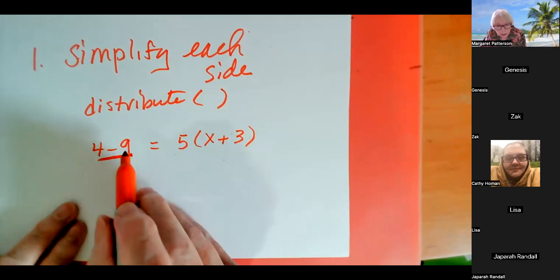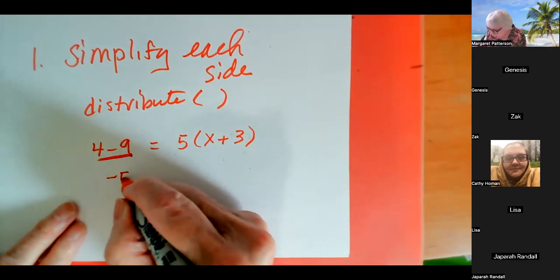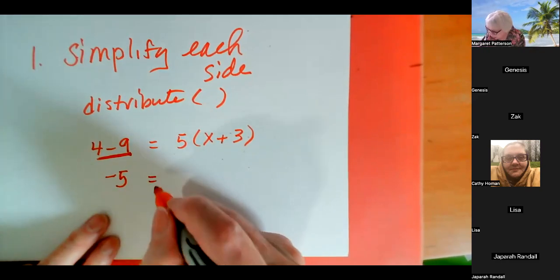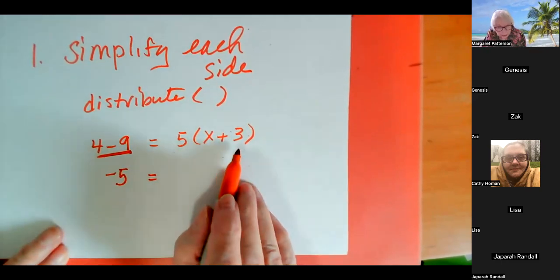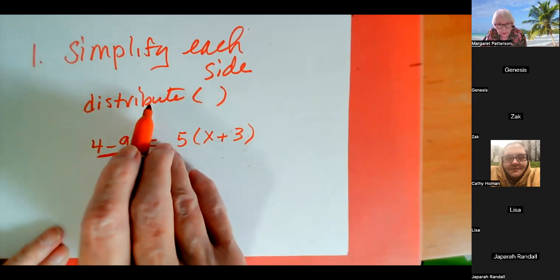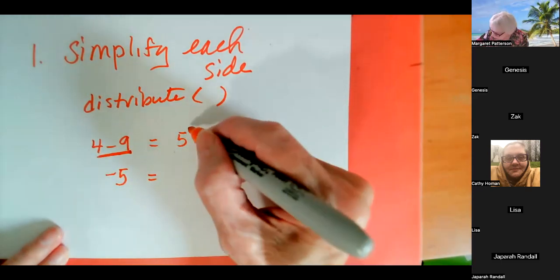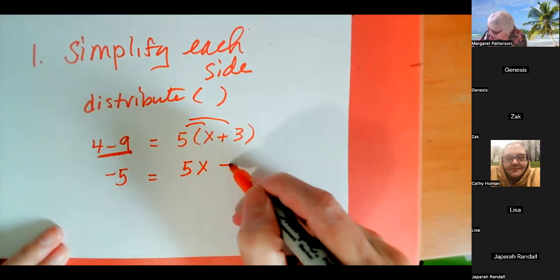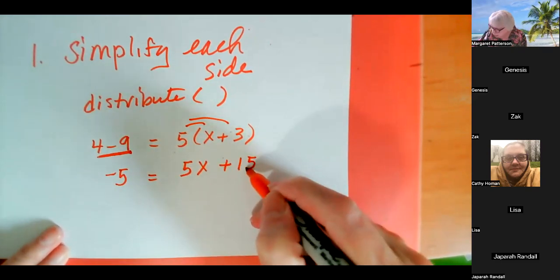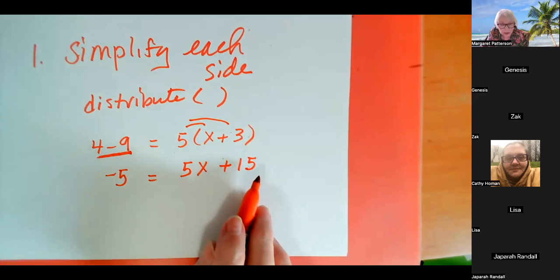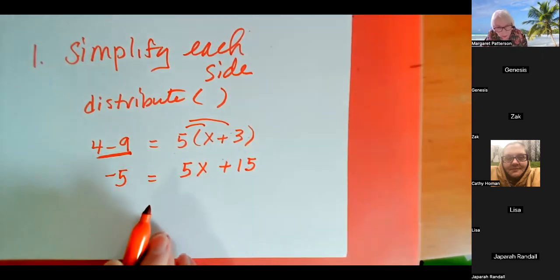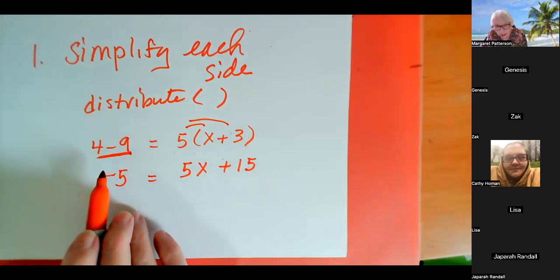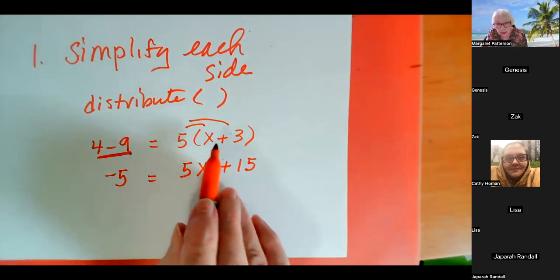So 4 take away 9 is -5. And if this side looked like that, then getting rid of the parentheses, we would distribute. This would be 5x plus 15. I'm not going to finish this because this problem is one step further down the road. But I wanted you to see, if you see that, do that.